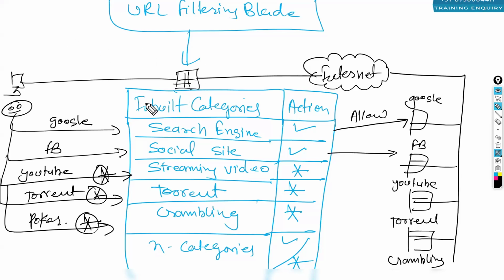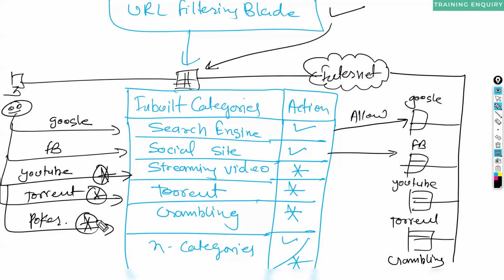Simply you can do it with the help of the URL filtering blade. You have to enable the URL filtering blade on our Checkpoint Firewall. With its help, you will get an option to select the category and allow or deny it. So there is no need to purchase dedicated hardware only for URL filtering.